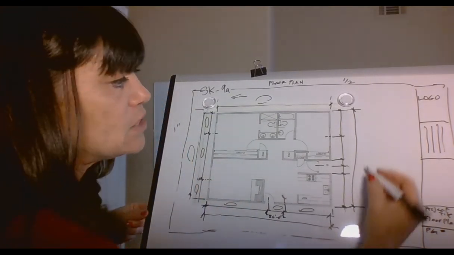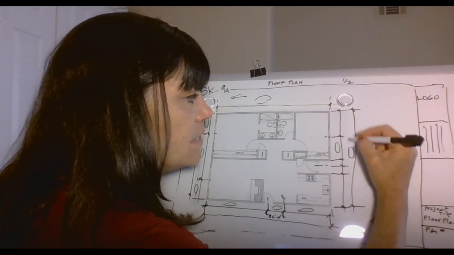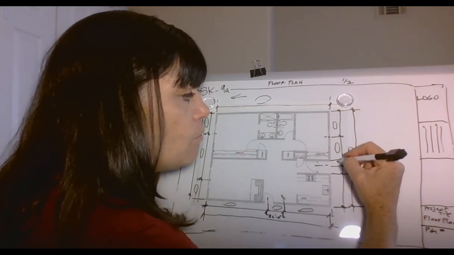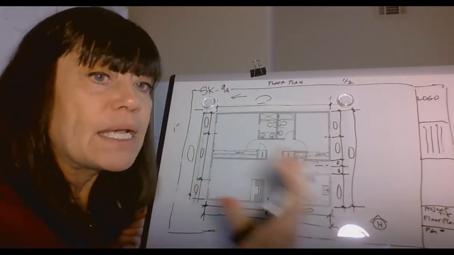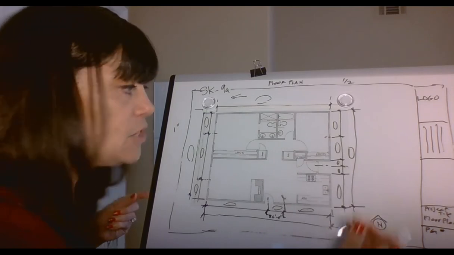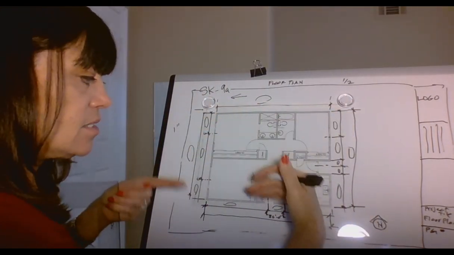So same with here, you're going to put your number on top of the dimensions. Now refer back to the video because I talked about how to dimension. So you always stack on top, stack on top, stack on top, stack on top.